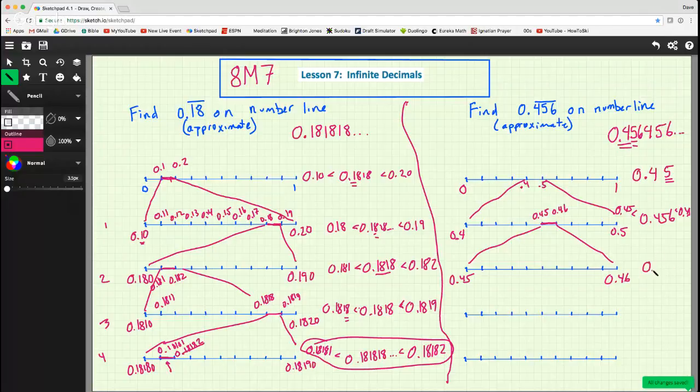So now I need 0.4564. Okay. So we need to go out to the 0.456. This is 0.451, 52, 53, 54, 55, 56. So this is 0.456, and this is 0.457.